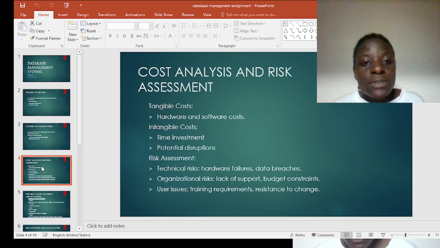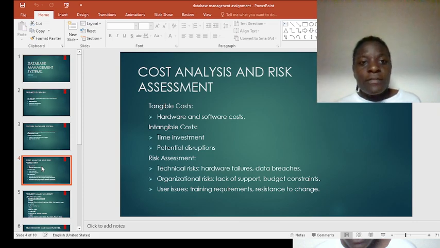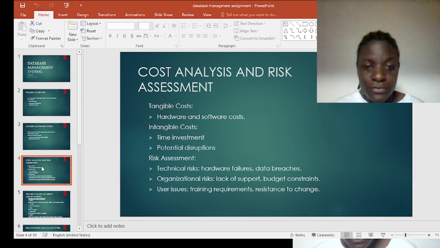And then we have the intangible costs. The intangible costs include the time investment, because systems take a lot of time. Take an example of my project. I took a lot of time, weeks, working on my project. We have the potential disruptions. There are so many disruptions involved in making this system.